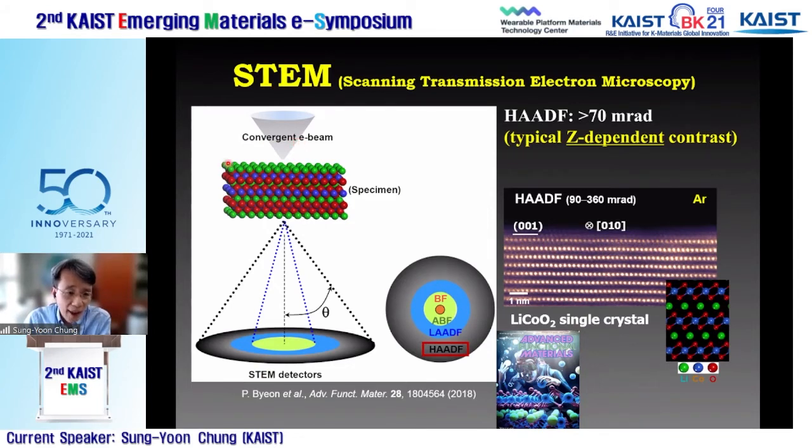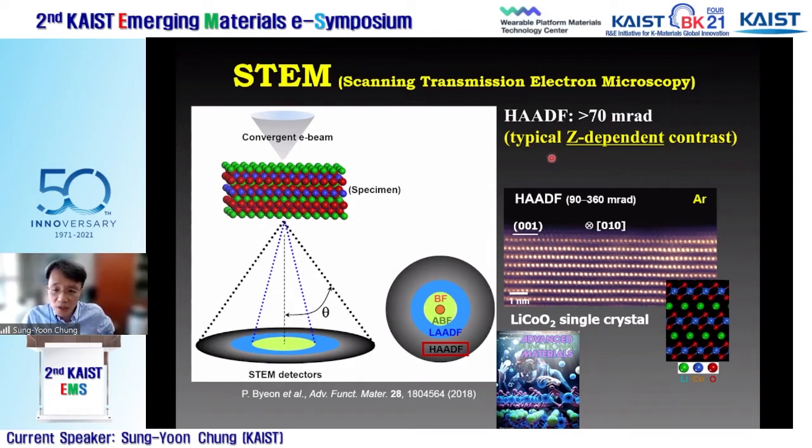We scan the electron beam across the specimen, so we can acquire the scattered electrons at the bottom. When we use a large scattering angle, for example more than 70 milliradians, we call this high angle annular dark field.